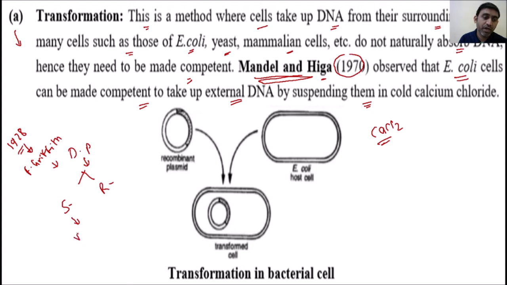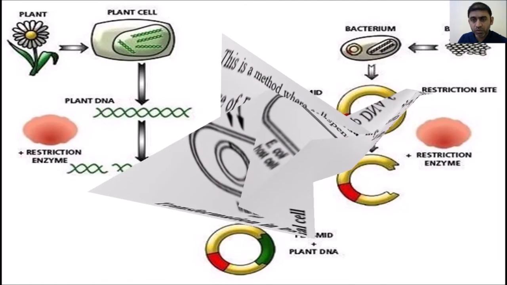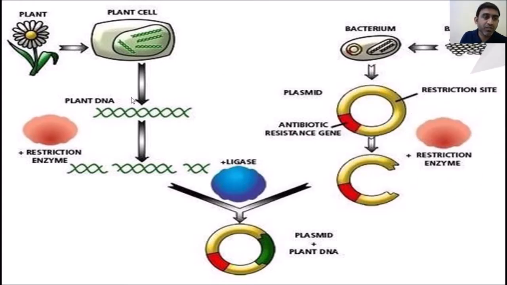S strain is virulent and pathogenic, being capsulated, and R strain is avirulent, which does not cause pneumonia. When heat-killed S strain is kept with living R strain, the R strain is converted into a pathogenic strain. It is transformed.